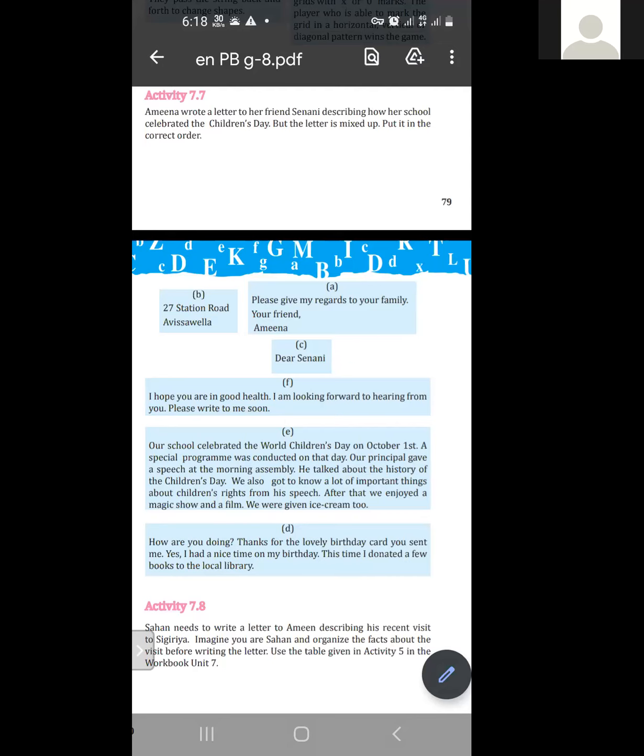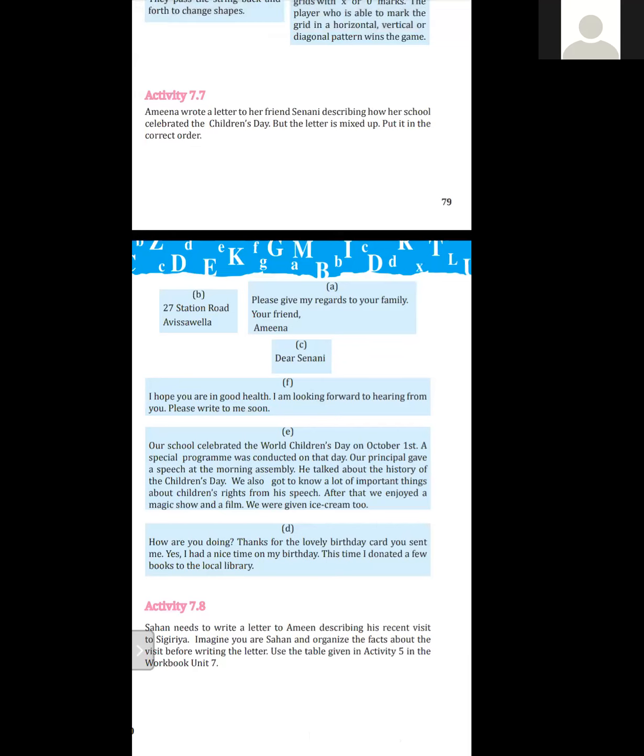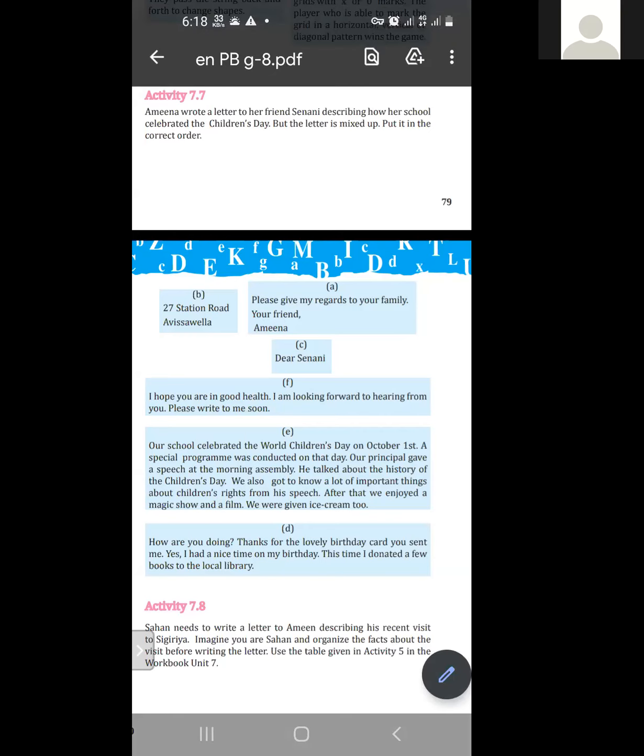Now go to the box A. Please give my regards to your family. Here we write this phrase for the people who are well known to us. அவங்களுக்கு எங்களை தெரியும், எங்களுக்கும் அவங்கள தெரியும். நல்லா தெரிஞ்ச ஆட்களுக்கு நாங்க சொல்லுவோம்.